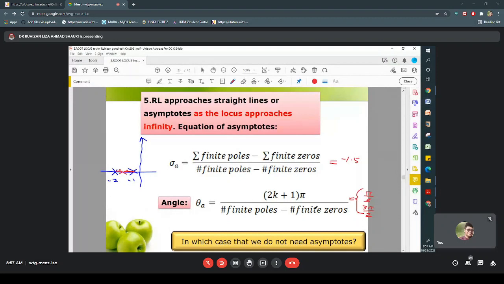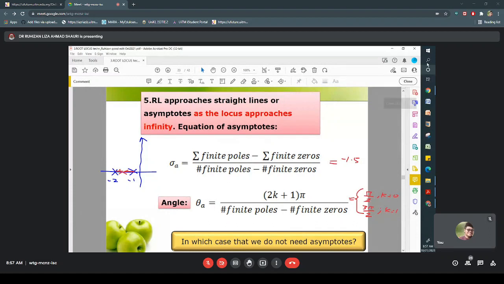Okay. So here I put it there. This is when you set k equals to 0. This is when you set k equals to 1. Okay, now let's draw.